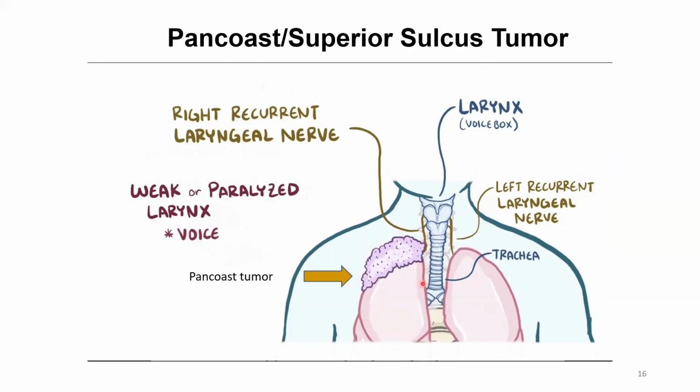It might invade the brachial plexus of the neck, and it can cause neck pain. These also could be called superior sulcus tumors. If the clavicle was on this picture, you would see that the apex of the lung lies above the clavicle about 1.5 to 2 centimeters.